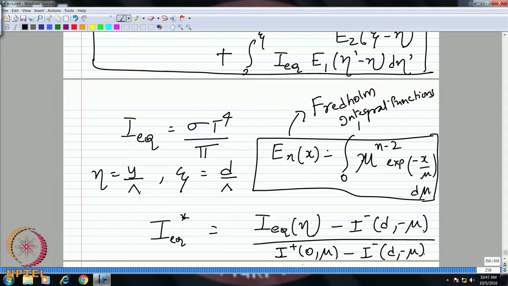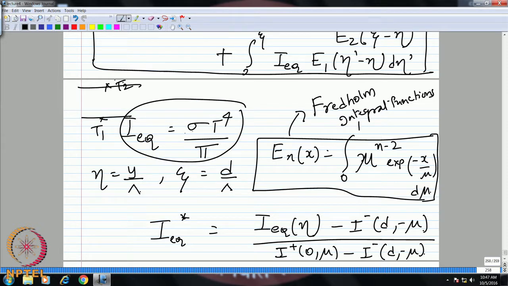This value of I plus and I minus can be calculated from the corresponding boundary temperatures. If I fix my bottom boundary temperature at T1 and top at T2, I can use this expression to calculate for T1 the value of I equilibrium at the bottom wall, and similarly for T2 at the top wall, and whatever is coming out should come out with that particular intensity.